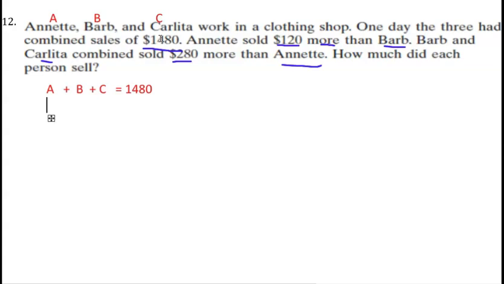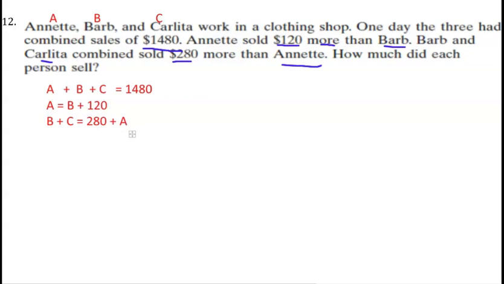So for that we could have A equals B plus $120. And then Barb and Carlita together, so it'd be B plus C, equals $280 more than Annette.